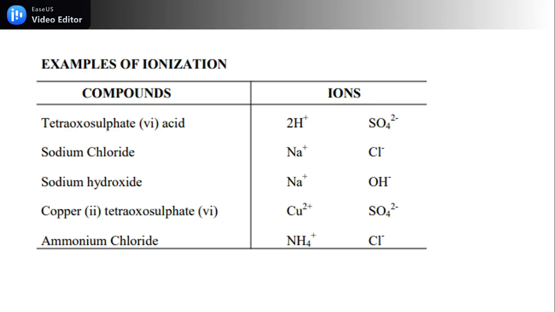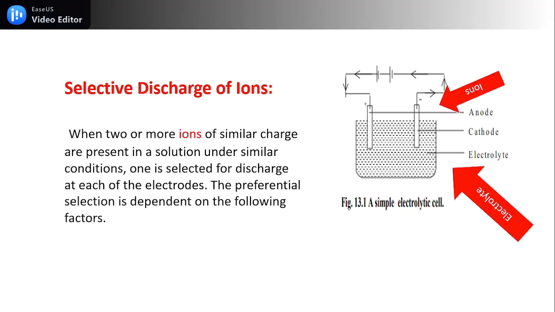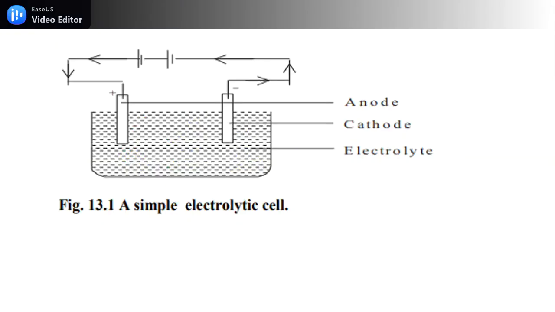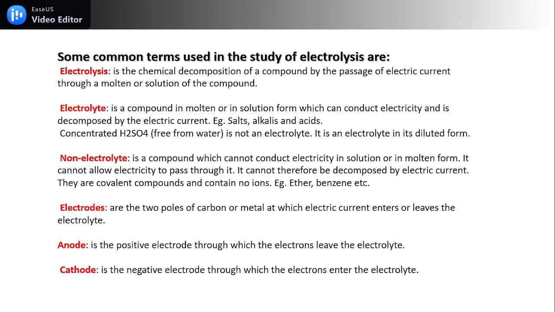Before we proceed, we are now getting into the process of electrolysis, because we stated that electrolysis is the process of chemical decomposition of a compound by the passage of electric current through a molten or solution of the compound.